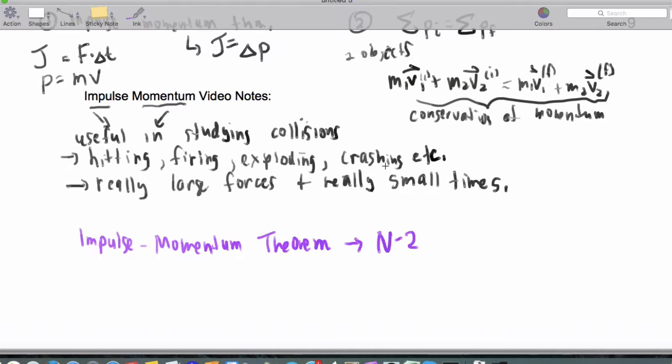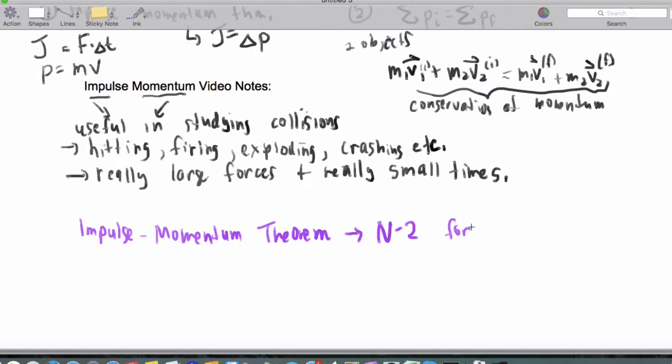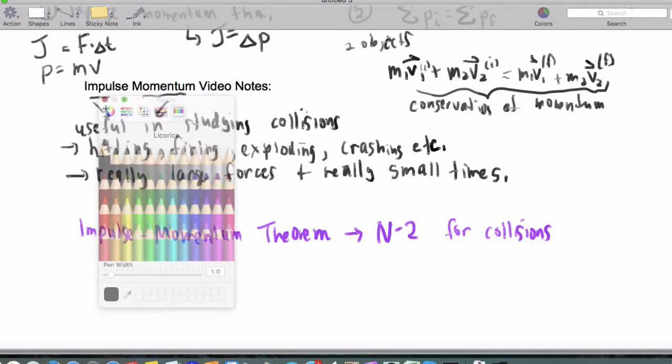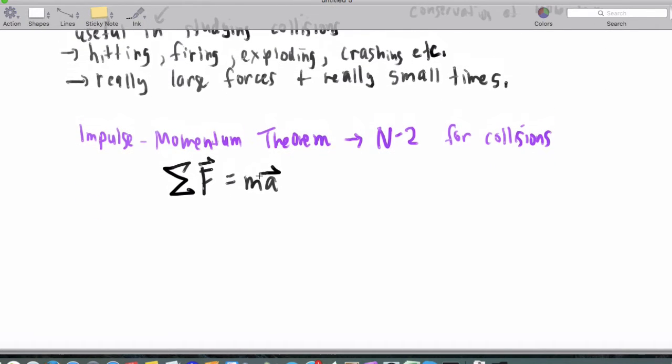It's a way of writing Newton's second law for collisions, crashes, etc. So it's N2 for collisions. And here's how we start. So we know that the sum of the forces acting on an object results in the mass accelerating.